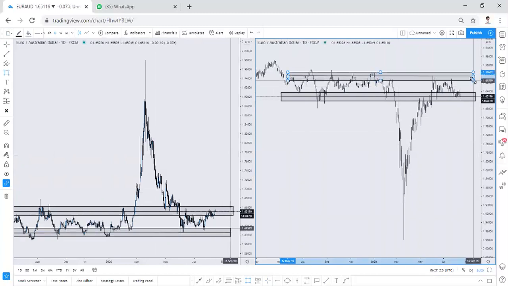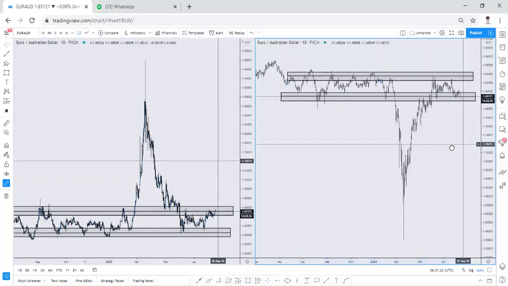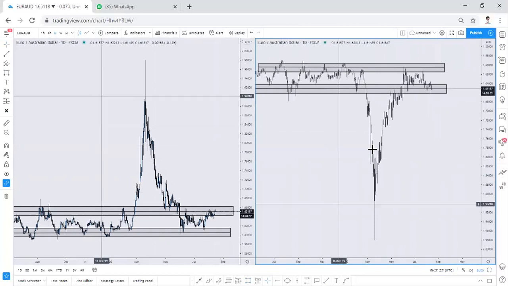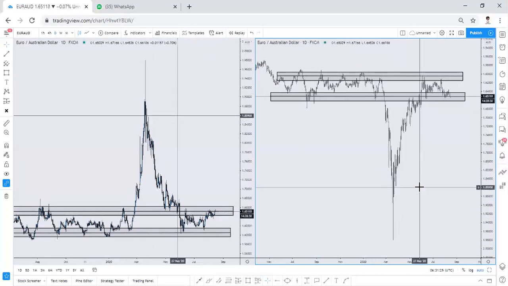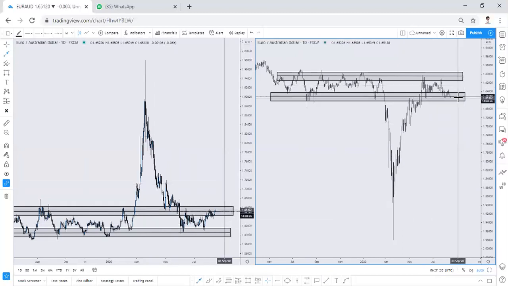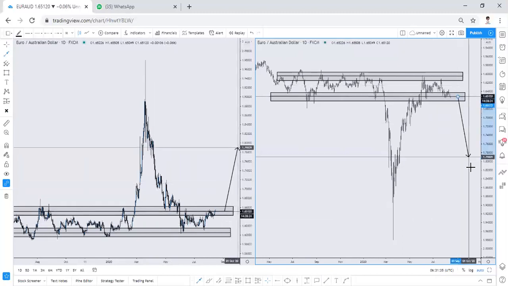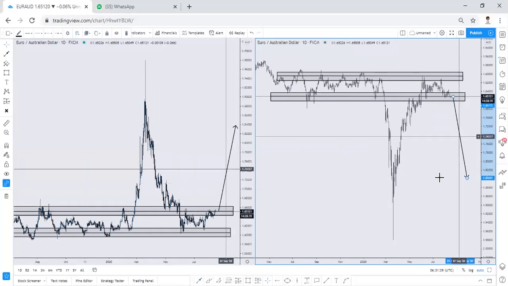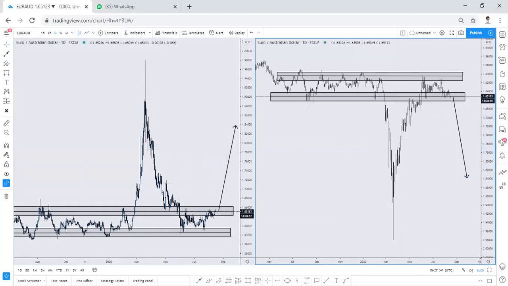So I'm not going to say this is going to buy or this is going to sell. Rather, what I'll be looking for is the reaction of price. Remember, price will react. Either price does this, or price just does this.